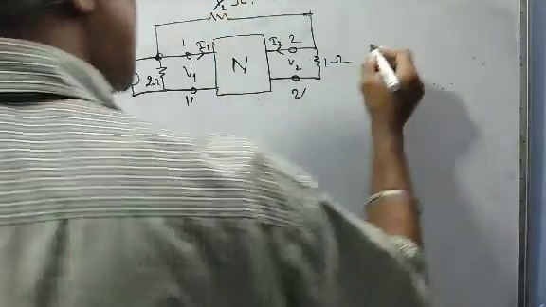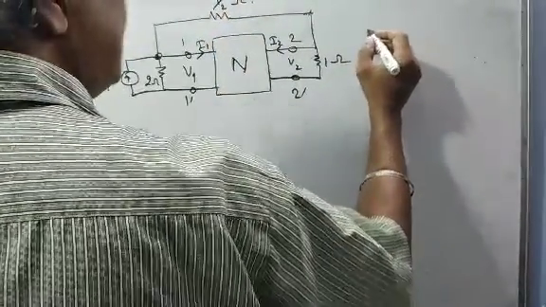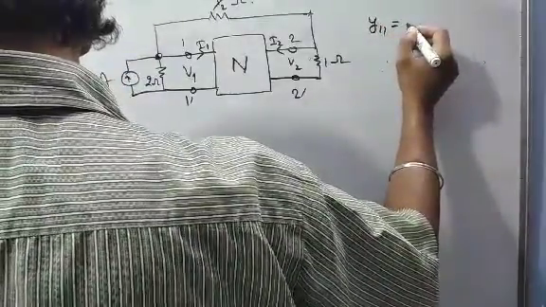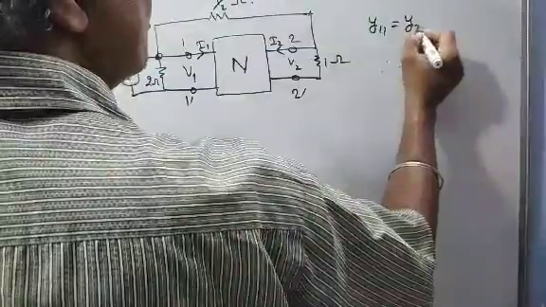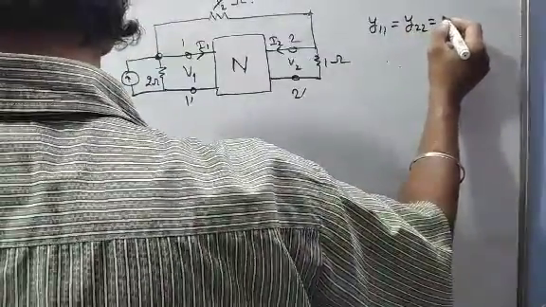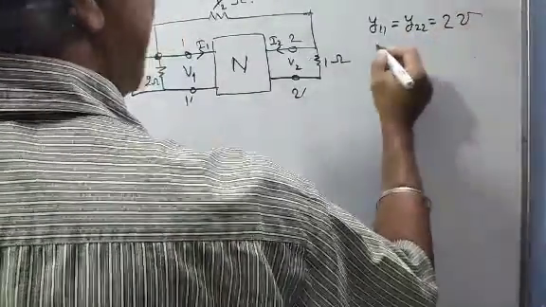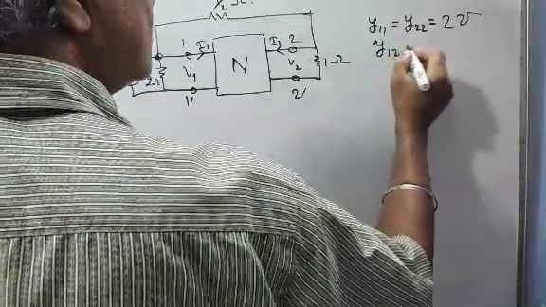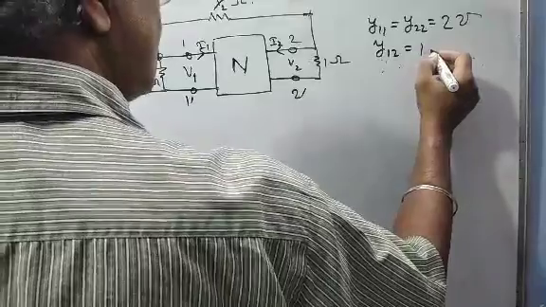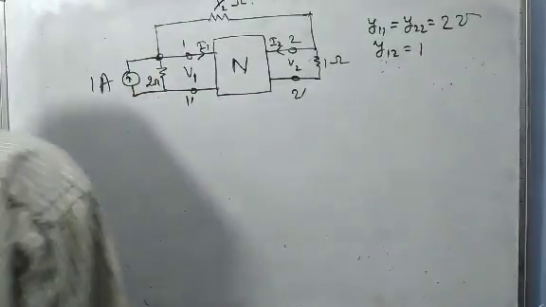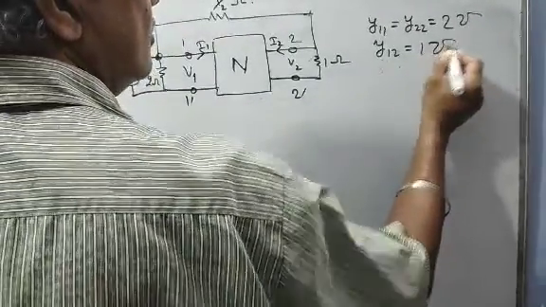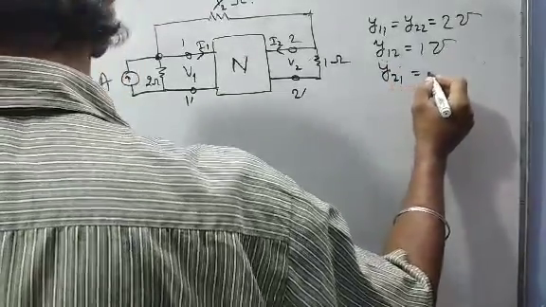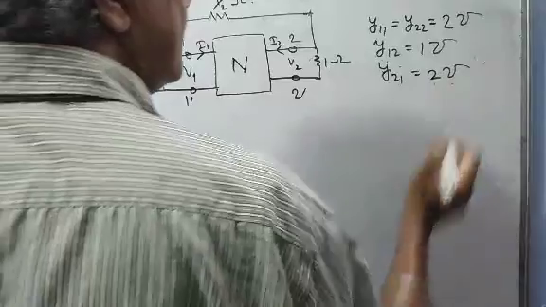So I am writing the Y parameters. Y11 equals Y22, given as 2 mho, Y12 is given as 1 mho, and Y21 is given as 2 mho.